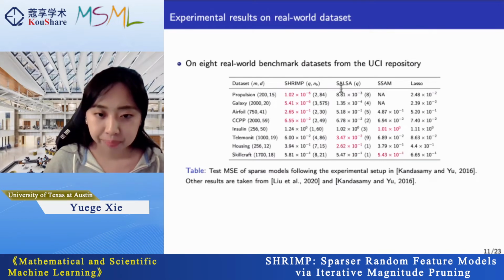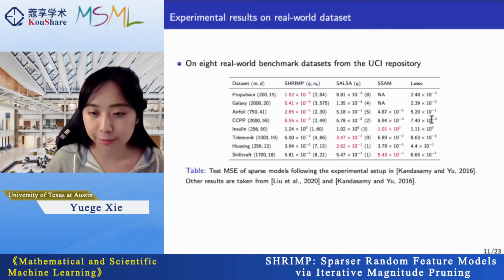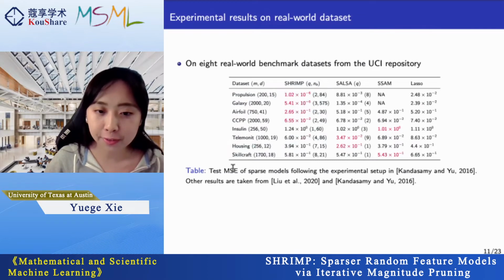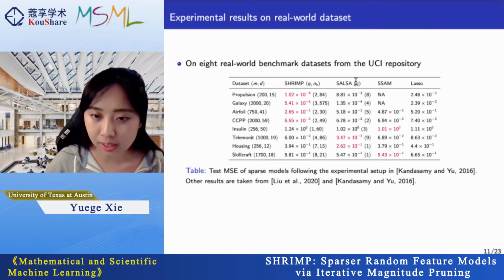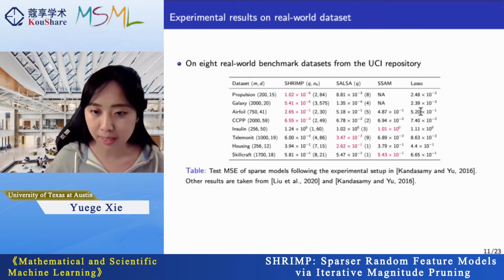For the first 4 data sets, we obtain the best results over the 4 methods. And for the rest of the data sets, we have competitive and very close test error compared to other methods. I would like to mention the results of the previous methods are directly taken from their papers, so we assume they tuned the models and got the best results for their methods.